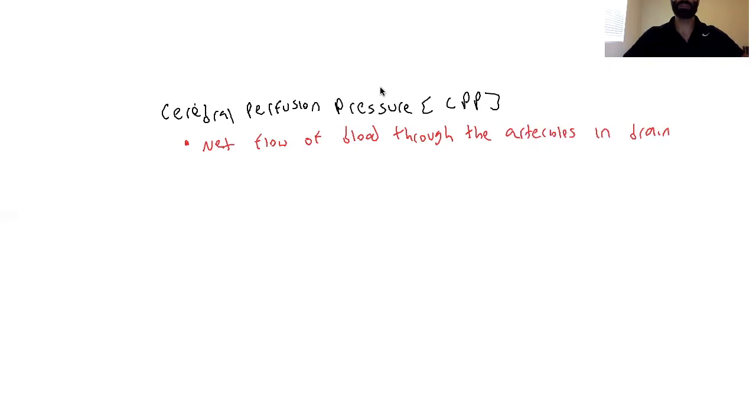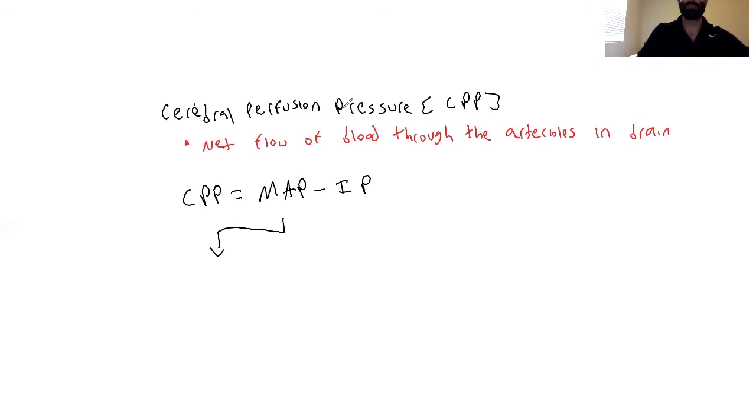Now, CPP is determined by two values. One is going to be MAP, mean arterial pressure, minus IP, which is intracranial pressure. So first, let's talk about MAP. MAP stands for mean arterial pressure.